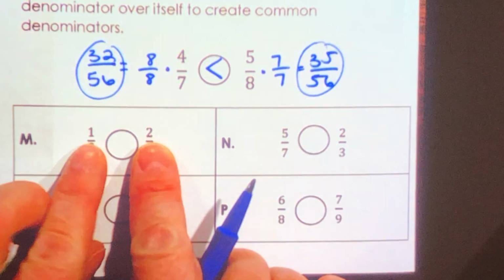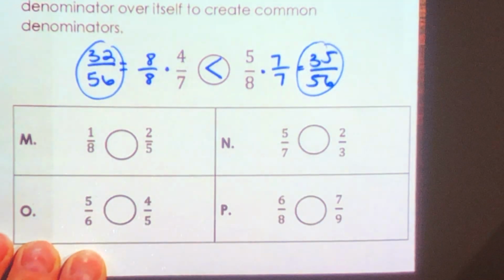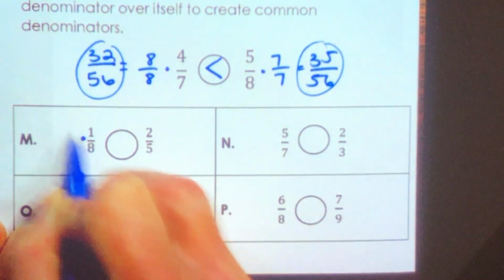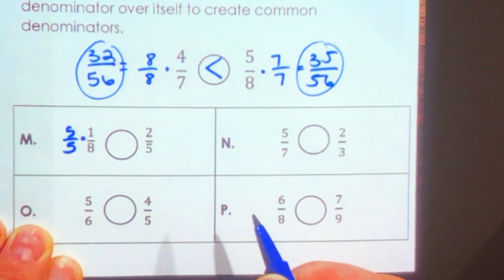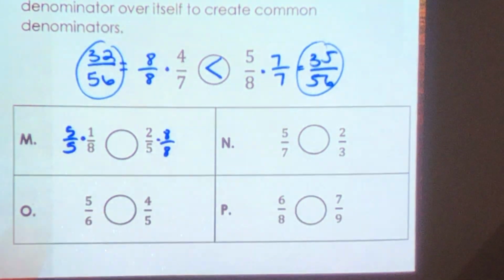So I do not have the same numerator. I do not have the same denominator. I can't multiply 5 by something to get 8. So I'm going to multiply this fraction by that denominator over itself. And I'm going to multiply this fraction by that denominator over itself. So you're multiplying each by the opposite denominator over itself. That creates equivalent fractions.